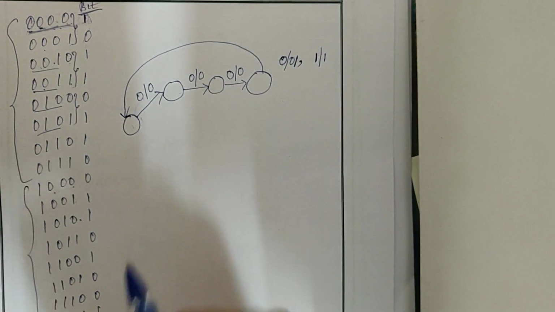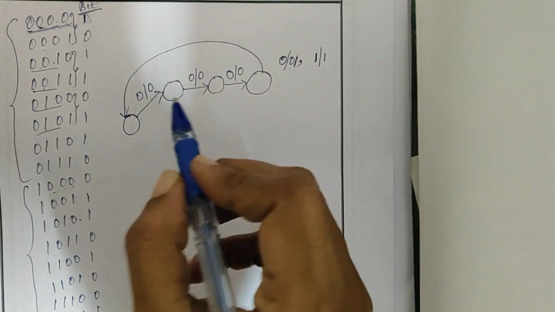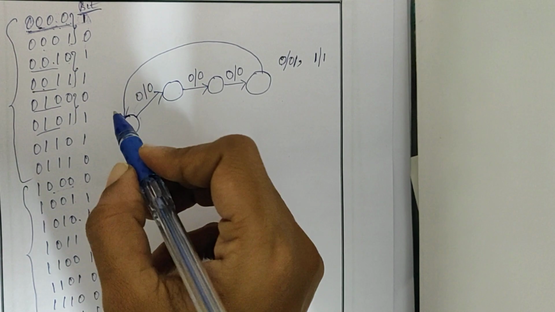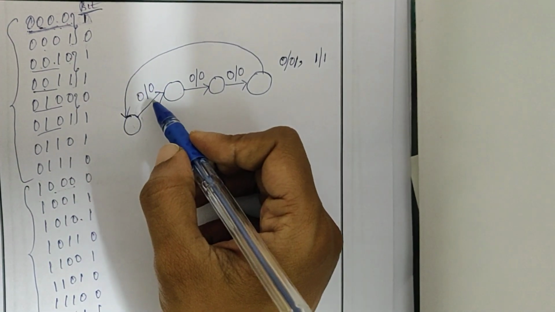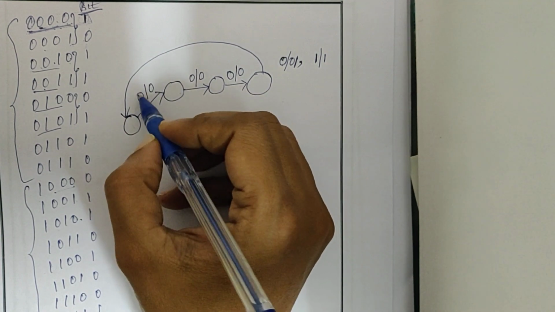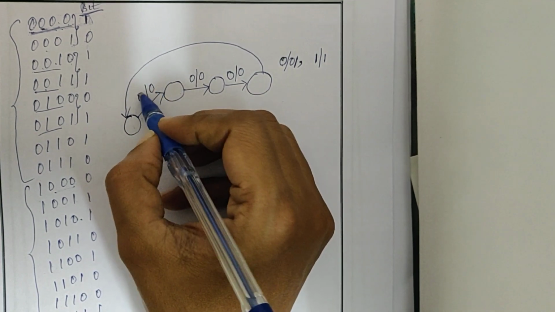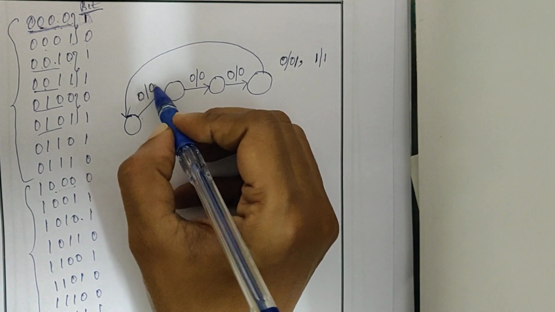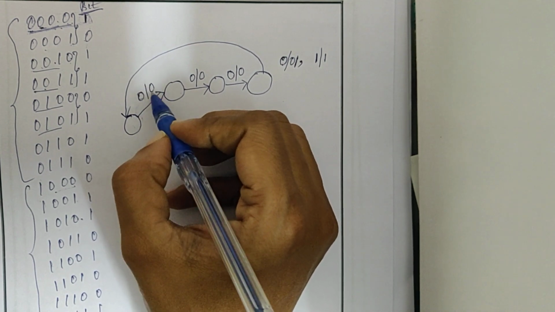Right, this is the Mealy machine. Mealy machine representation is different from Moore machine. In the Mealy machine representation, for every state, how should I represent input and output? With a slash. Input slash, after the slash you will have your output.